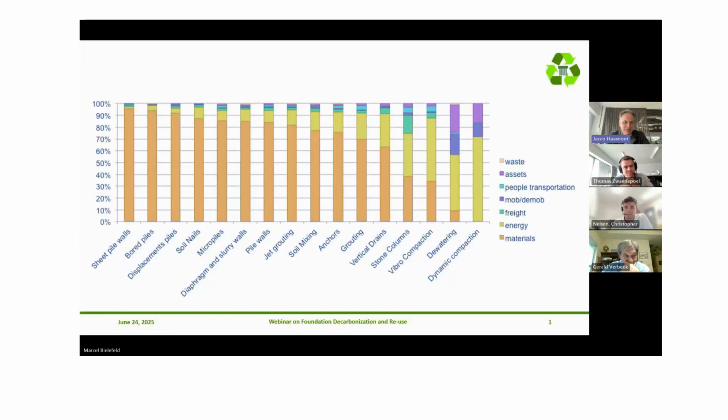But if you talk about decarbonization, I saw the bar charts you showed at the beginning of our webinar, and you saw that the steel sheet piles are the amount of material that contributes. So 95% of the material is the contributor to the CO2 exhaust of this type of foundation, but the other ones are also quite high.